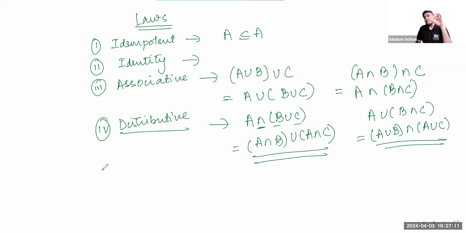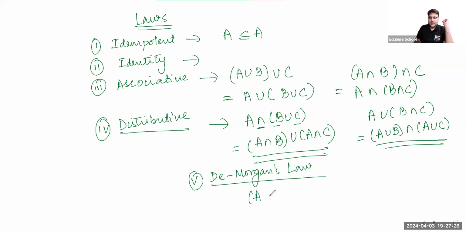Two laws that we have already seen when we were working with operations. That is the De Morgan's law we saw in the previous session. A union B complement is A complement intersection B complement. Similarly, A intersection B complement will be A complement union B complement.